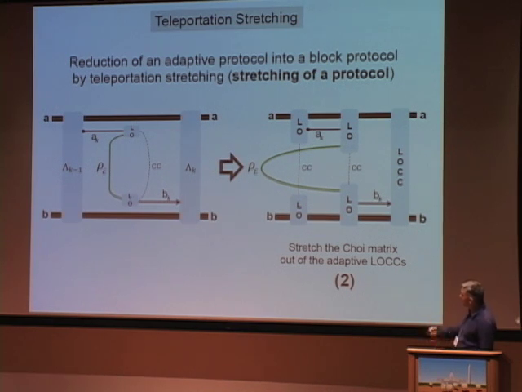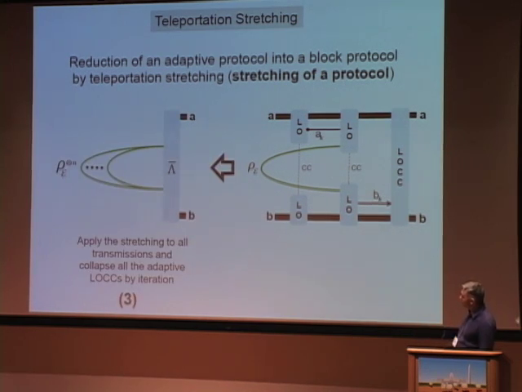You may iterate this for all the transmissions. At the end, you have a bunch of Choi matrices, a tensor product of Choi matrices, and these are processed by a single but very complicated trace-preserving LOCC, which somehow includes all the adaptive loops of the protocol.